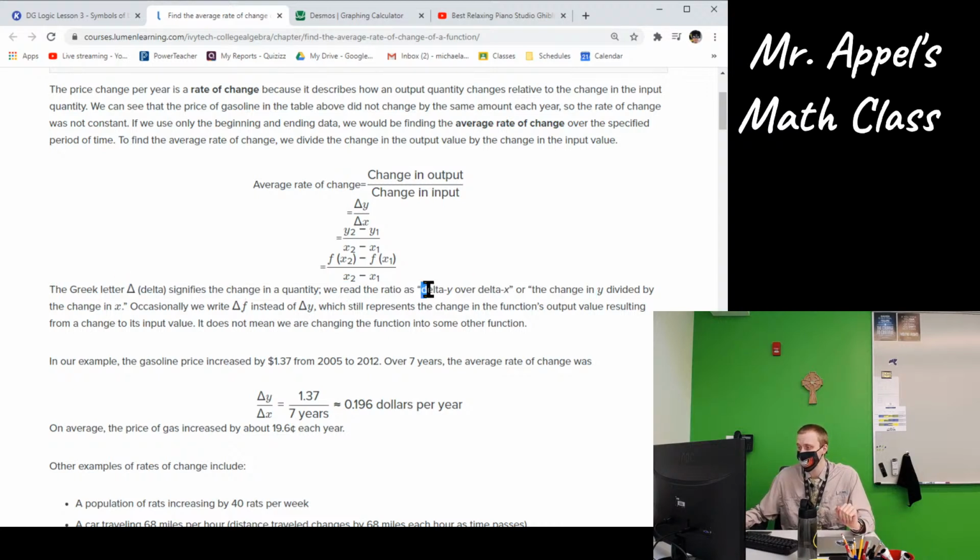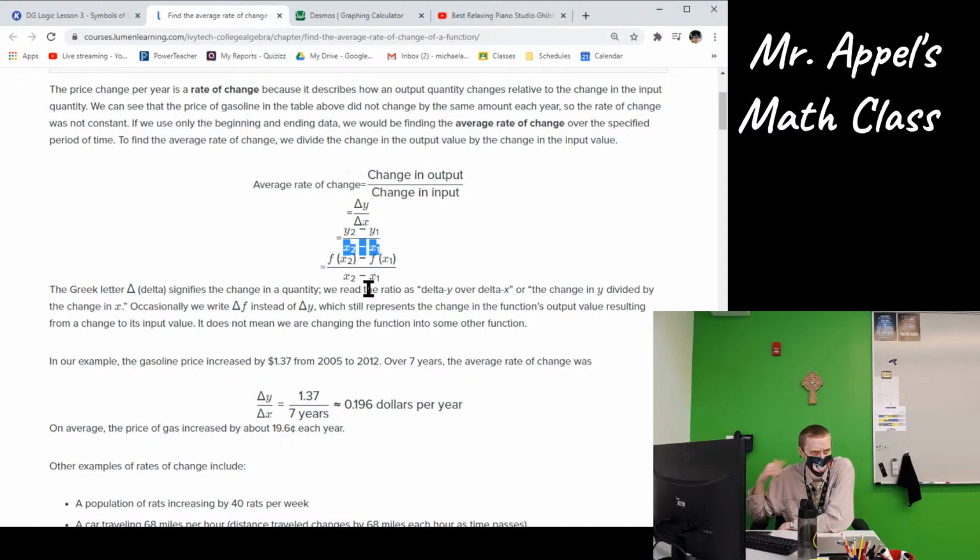When I say delta y, I mean the change in y. Right? So delta y over delta x means the change in y divided by the change in x. And this change is nothing new. You've seen this before, right? y2 minus y1, the change in the y's, over x2 minus x1, the change in x's, right?